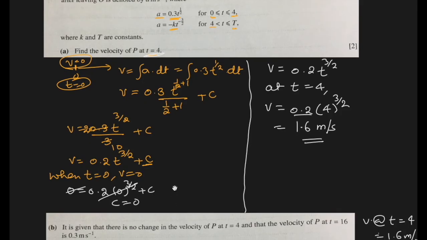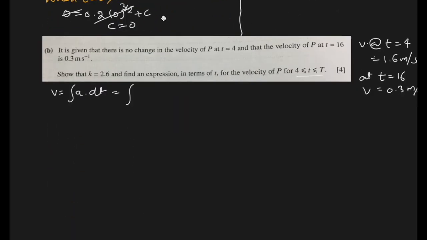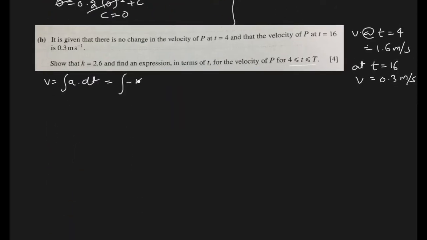So v will be the integration of acceleration again, which is minus k t to the power minus 3 over 2 dt. So let me integrate this.